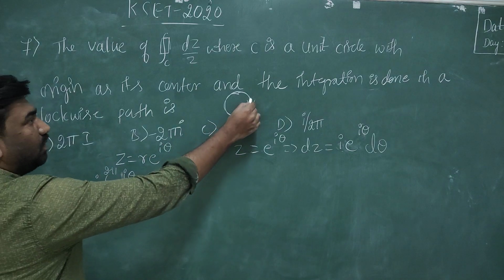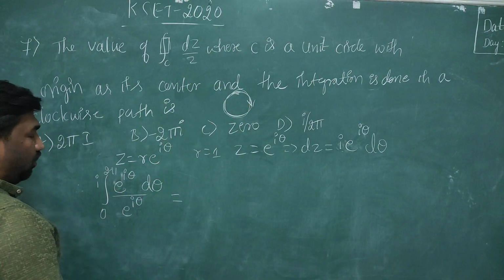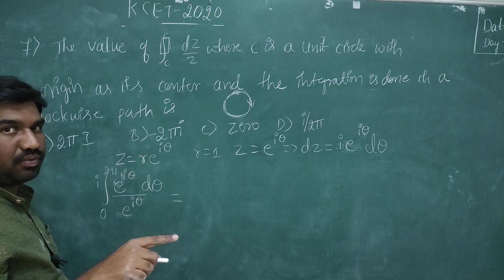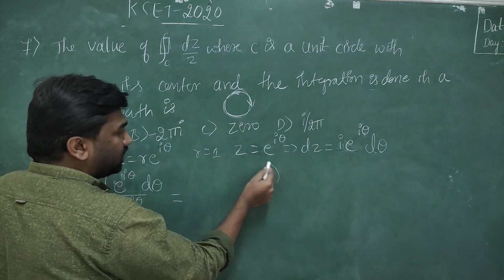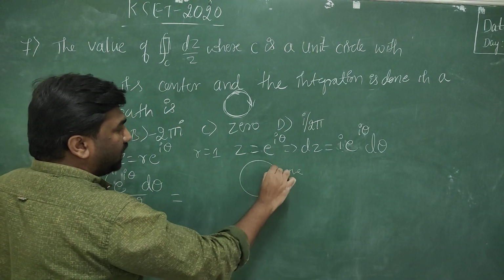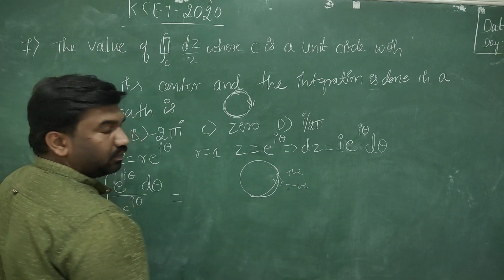For a circle, limit always varies from 0 to 2 pi, and if the contour is in anti-clockwise direction, it is positive. If the contour is like this in an anti-clockwise direction, it is positive. If the contour is in clockwise direction like this, it is negative.